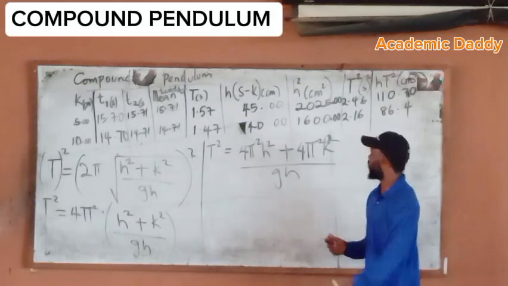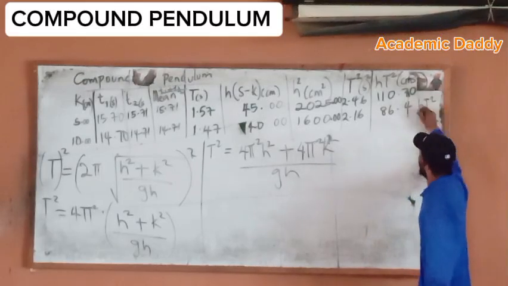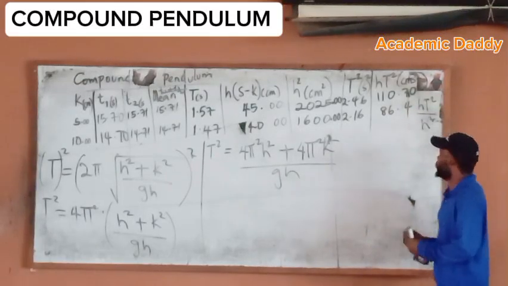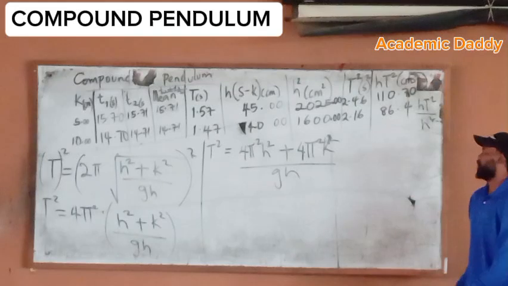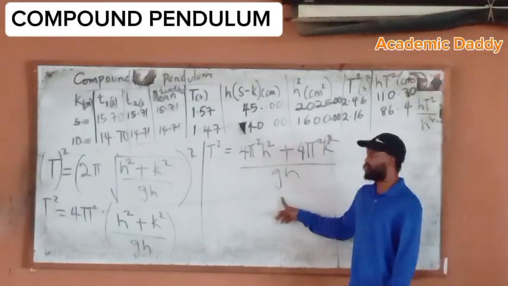At this point, since I'm looking for how to make h T squared over h squared come to one side, my business plan is simple. I have gh here, is it not?